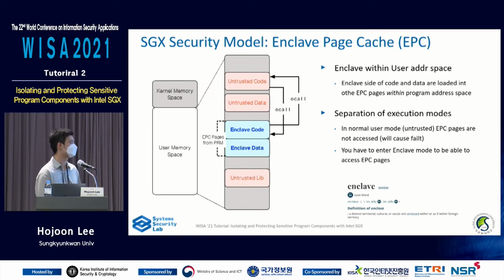The user execution mode, for example in Intel, is privilege ring 3, and the normal user mode cannot access EPC pages, thus protecting the enclave memory. You have to enter a special execution mode, added in SGX-supporting CPUs, called enclave mode, to be able to access the EPC pages. This is very similar to the user versus kernel distinction we have in our system, right? You have to enter the kernel to be able to access kernel pages and so forth.